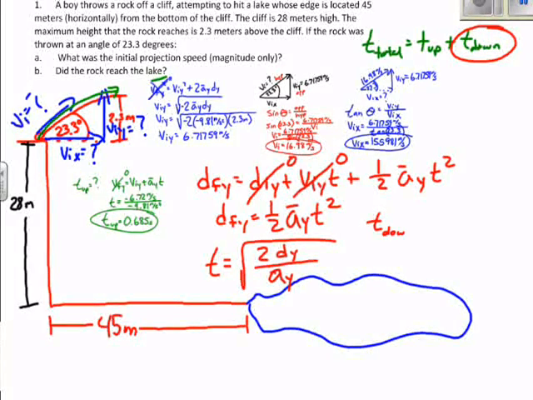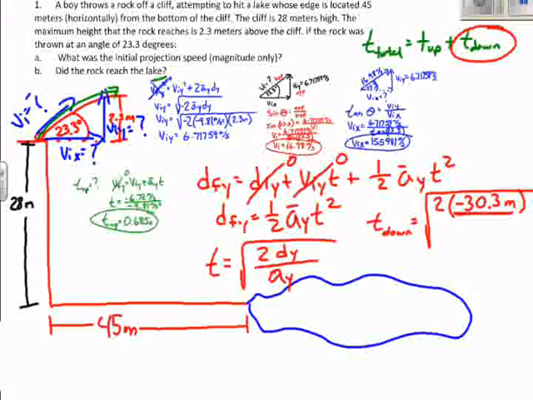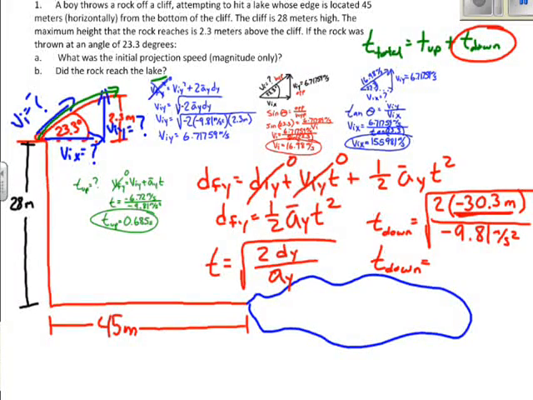Now let's plug in some numbers here to figure out t down, and we get t equals the square root of 2 times, well, the distance it falls from the top is now negative 30.3 meters, because we had to consider the fact that it rose 2.3 meters above the height of the cliff. So plugging in, dividing by negative 9.81 meters per second squared, and then in the last step, taking the square root, I come up with a time down of about 2.485 seconds.